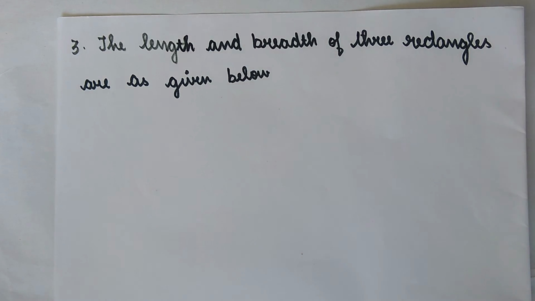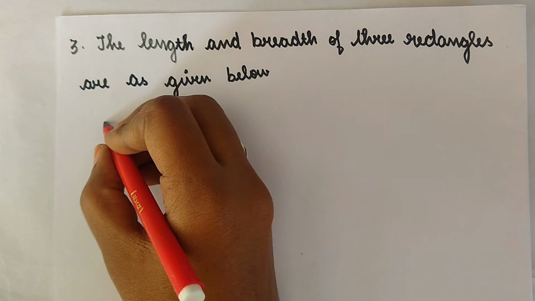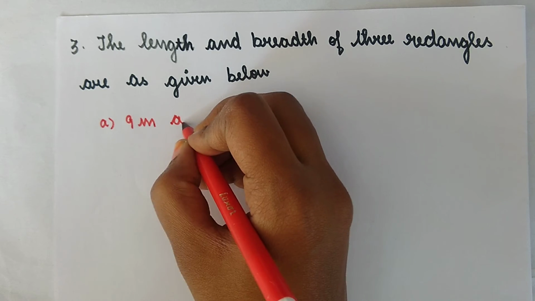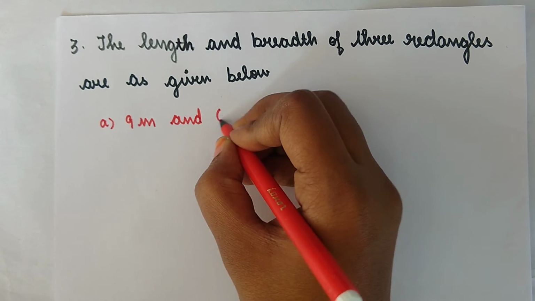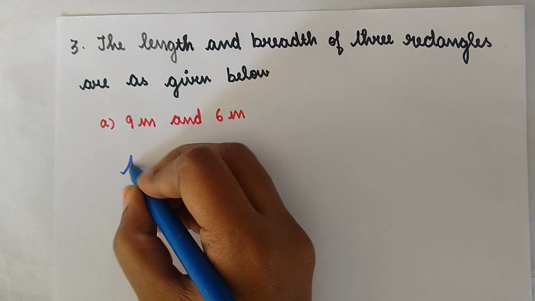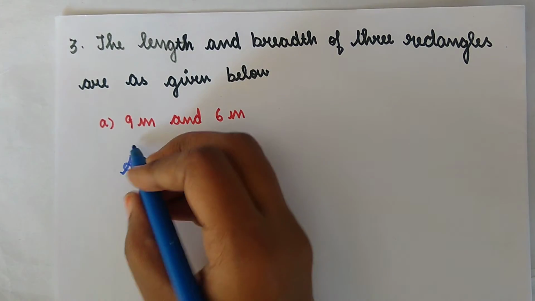We take subdivision A. Here A is 9 meter and 6 meter. So we have to find the area of the rectangle by using length and breadth.